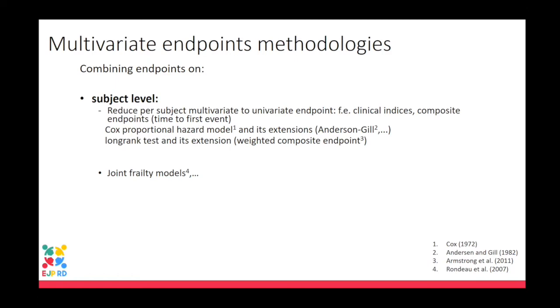And what we do is we try to reduce those multivariate endpoints to a univariate endpoint by taking only the first event that happens in the patient. And there are quite a lot of methodologies that are quite standard in statistics. So we have the Cox proportional hazards model. We have the log rank test, not the long rank test, I'm sorry for that. That's the log rank test, of course.